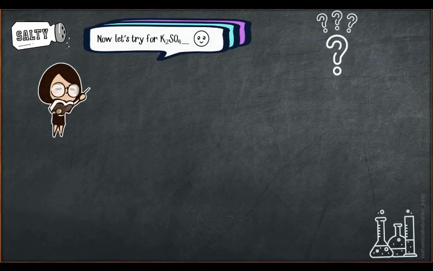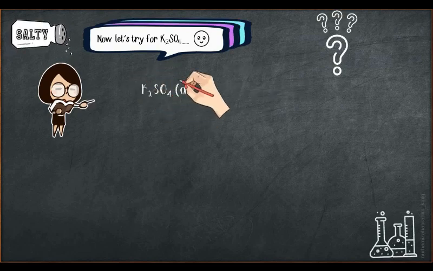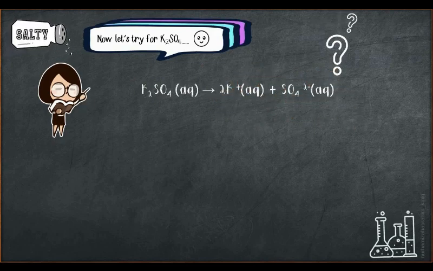Now you try for salt, potassium sulfate, K2SO4. Firstly, you need to write the dissociation equation for potassium sulfate. Potassium sulfate when dissociated in water will produce potassium ion, K+, and sulfate ion, SO4 2-.